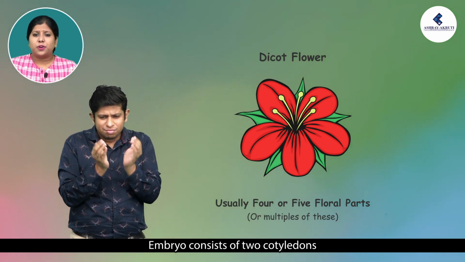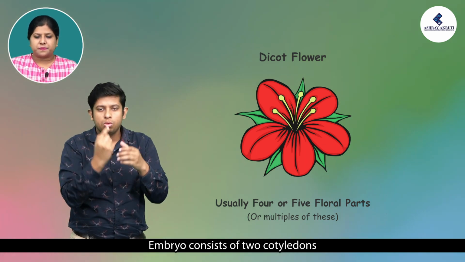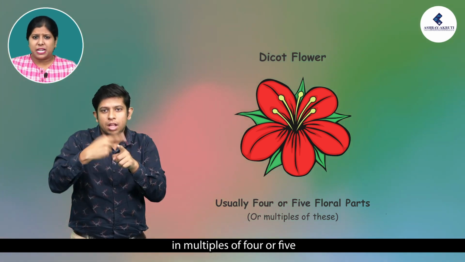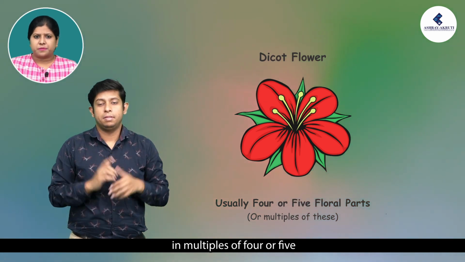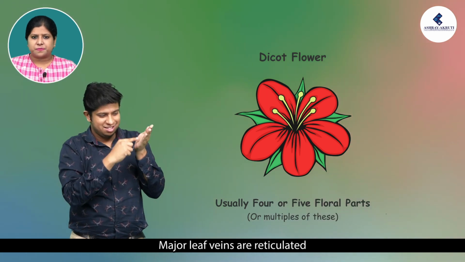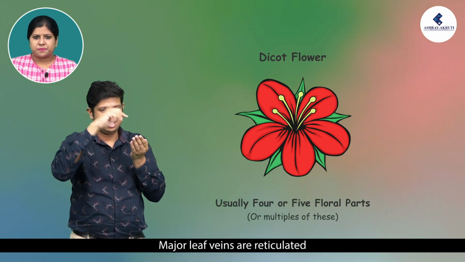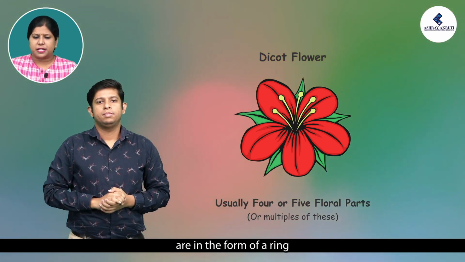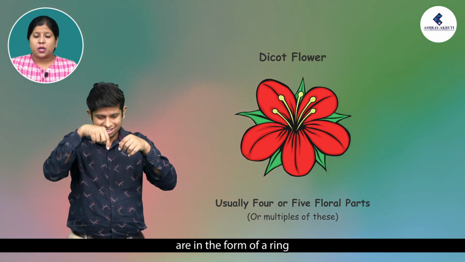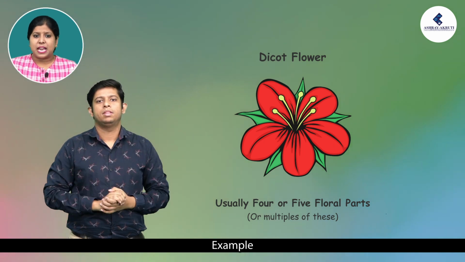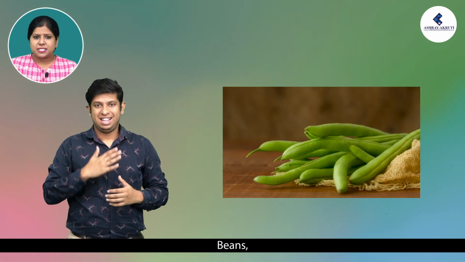Embryo consists of 2 cotyledons. Flower parts are present in multiples of 4 or 5. Major leaf veins are reticulated. Stem vascular bundles are in the form of a ring. Roots develop from the radicle. Examples: beans, cinnamon, etc.